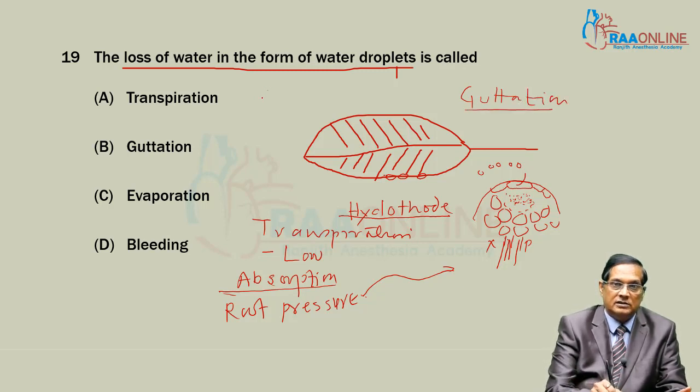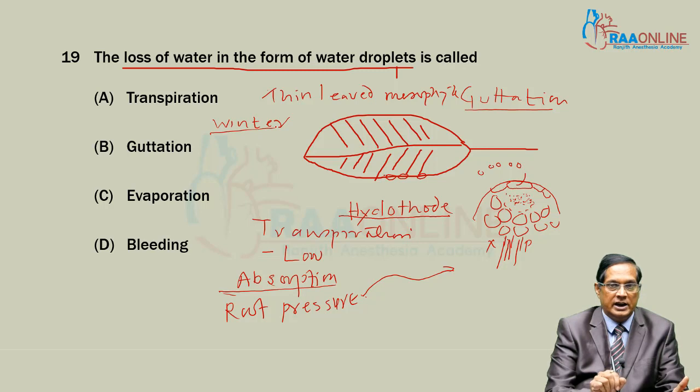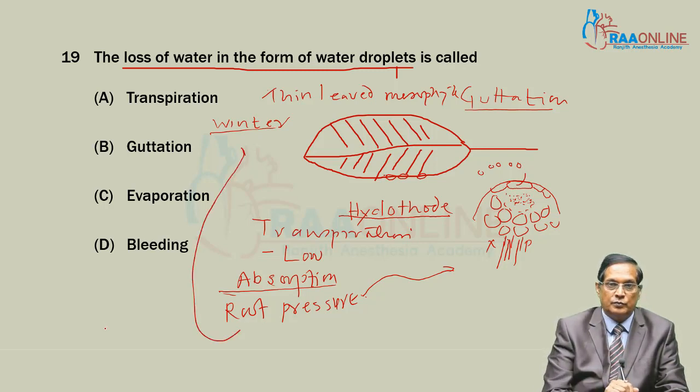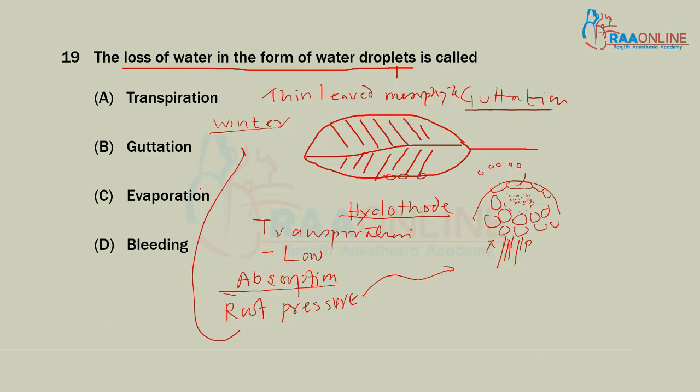It is seen in thin-leaved mesophytes. In which season? That is winter. At what time? Early morning or late evening. And guttation is an impact of root pressure, a manifestation of root pressure.